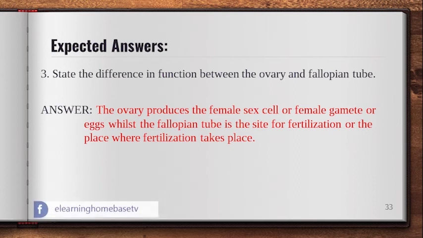The ovary produces the female sex cell or female gamete or eggs, whilst the fallopian tube is the site for fertilization or the place where fertilization takes place. I want you to mark your answers to the question. And if you got all correct, clap for yourselves.